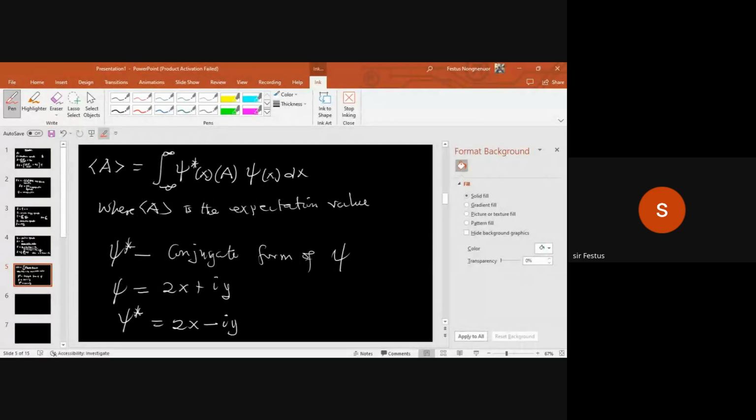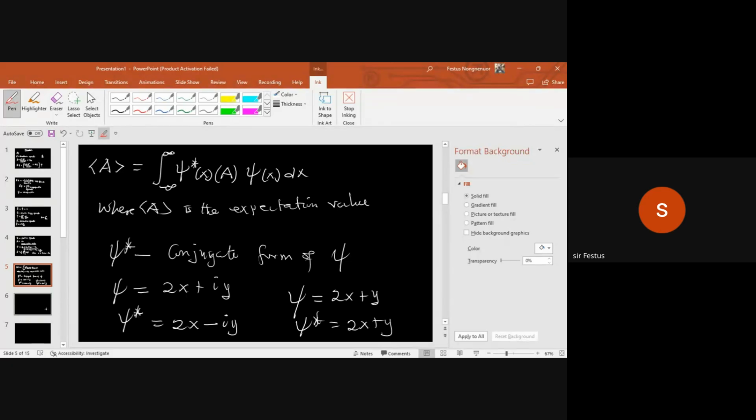So if your psi is equal to 2x plus y, then your psi conjugate is the same thing, 2x plus y, because this has no complex part for you to negate. So when you take a complex conjugate of a real number, it's still a real number. Before you can have a complex conjugate being changed, your function should comprise a real part and an imaginary part, so that when you take the conjugate of that function, the imaginary part is taken as a negative.